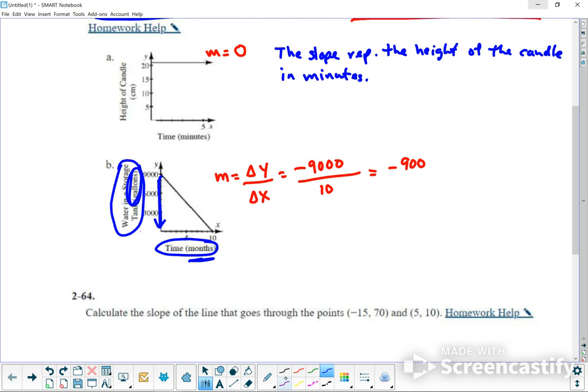Okay, so we can say the slope represents the loss of gallons per month.